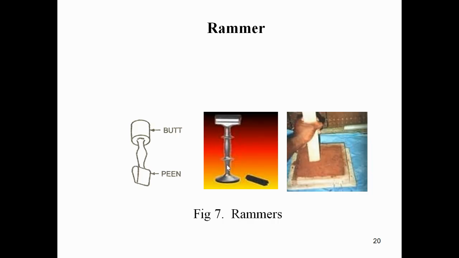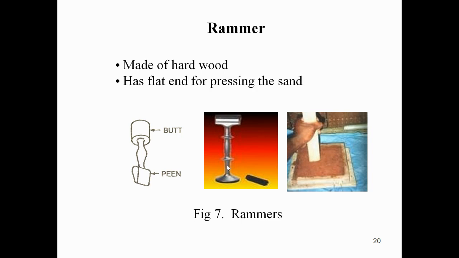Next one is the rammer. Here you can see some of the diagrams of rammers, the usage of rammers in foundry. This rammer is made of hard wood. It has a flat end for pressing the sand.